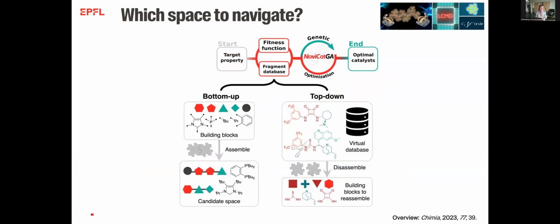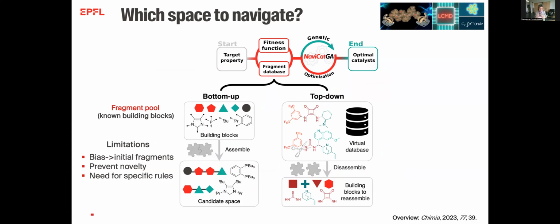One is the bottom-up strategy. In the bottom-up strategy, you have building blocks that you know and that you decide are good. And then you need specific rules to decide how to assemble these building blocks into your final molecule.